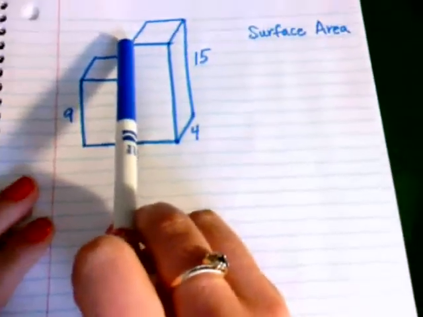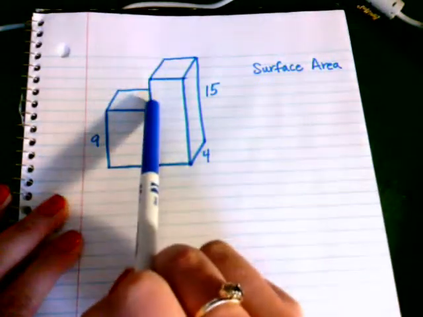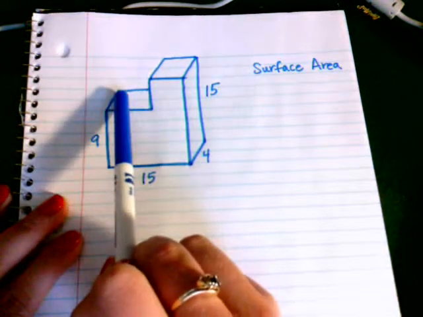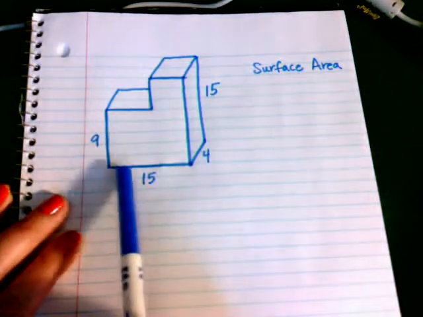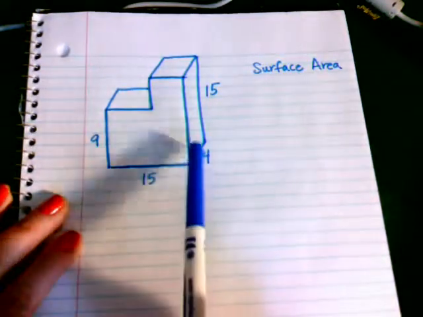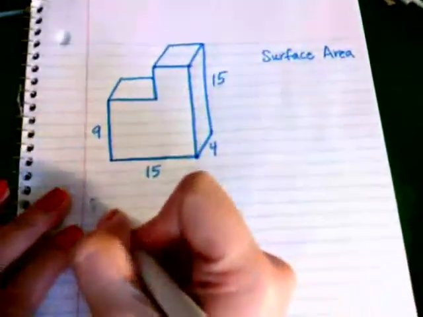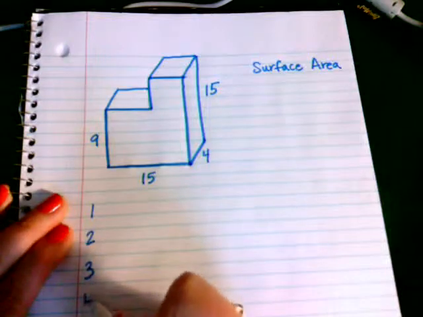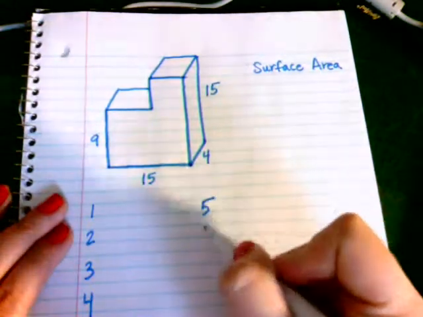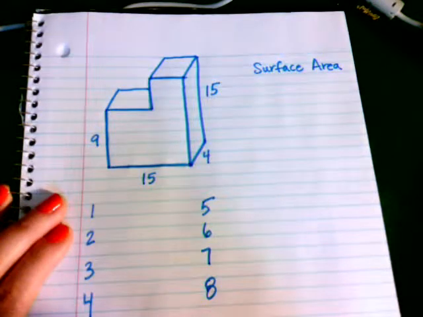If you were looking at this object from a different view, you would have this side right here, which would be 4. 5 is right here. 6 is here on this side. 7 is down here, and then 8 is over here. So you actually have 8 different sides that you have to think about and figure out the area for, okay?